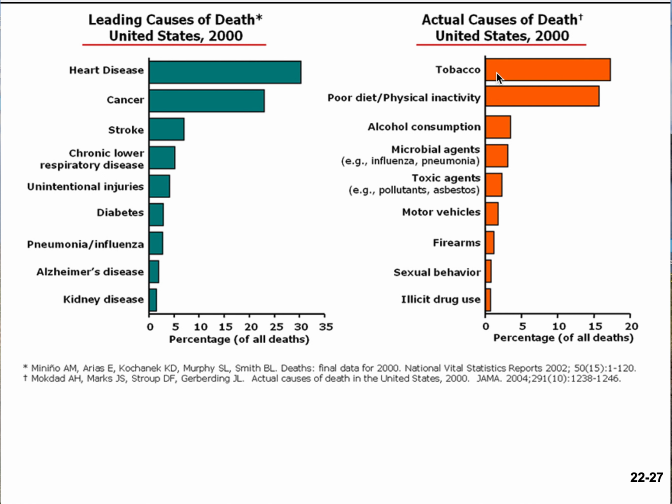Top, tobacco. Number 2, poor diet and physical activity. Number 3, alcohol. Gosh, weren't those the factors I just talked to you about? Eat a healthy diet, not a poor diet. Be physically active. Do not smoke, and limit your alcohol consumption, guys.